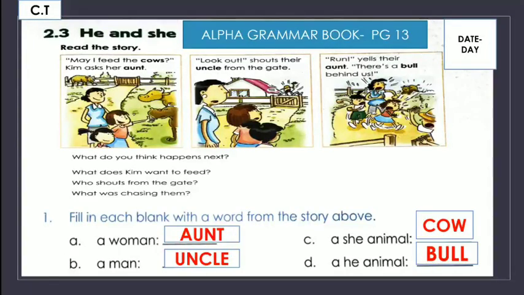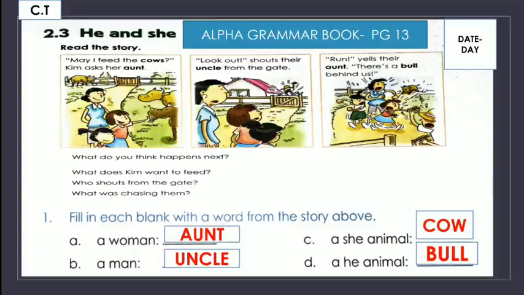Okay. So here are some worksheets that you can do. So read the story. May I feed the cows? Cows is he or she? Cows are she because they are female animals. Kim asked her aunt. Aunt is a female, so we use she. Look out, shouts their uncle from the gate.